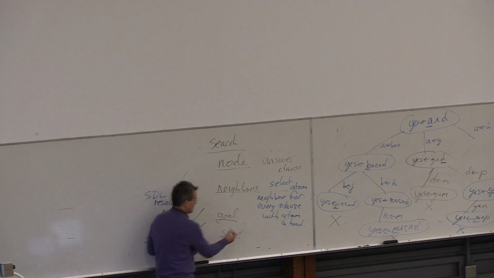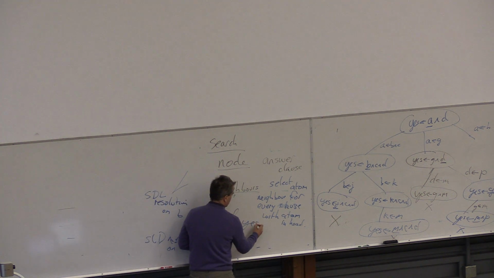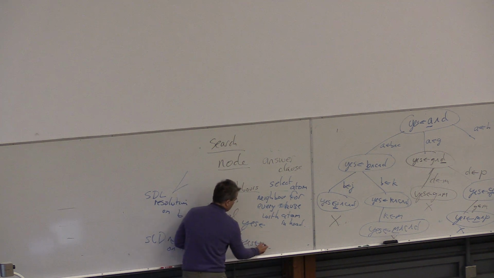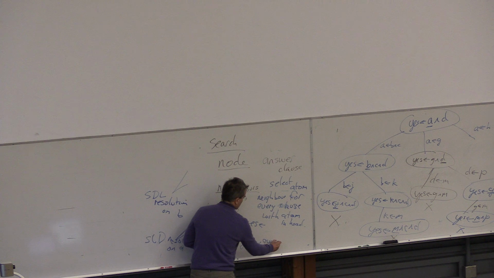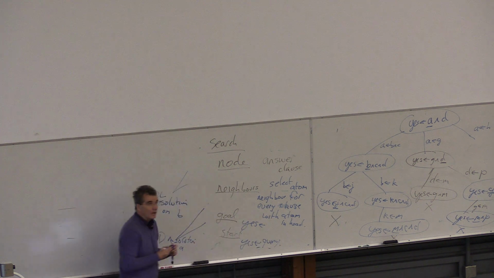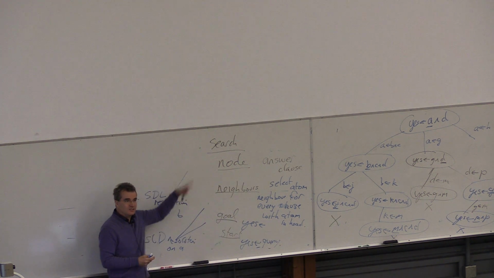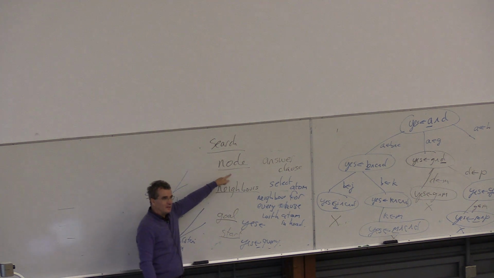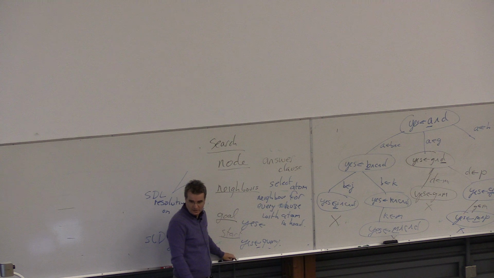And the goal is just this yes if, and the start is just a yes if my query. Okay, so this is how we're going to abstract in a search. So now we know how to solve these things. It's just search, right? You know how to implement it because you learned how to implement search.